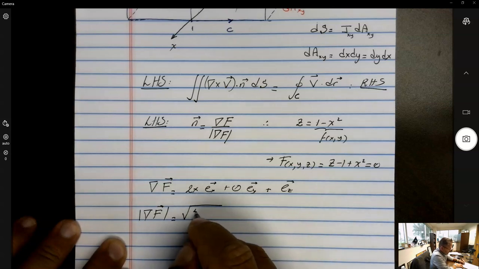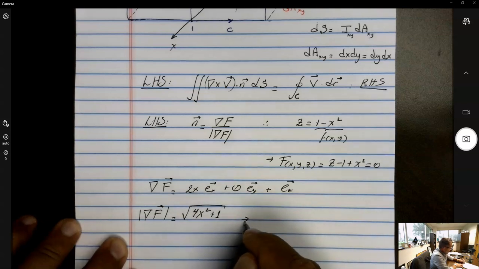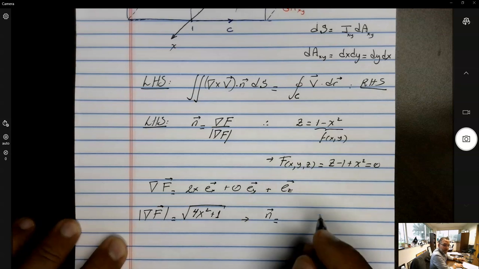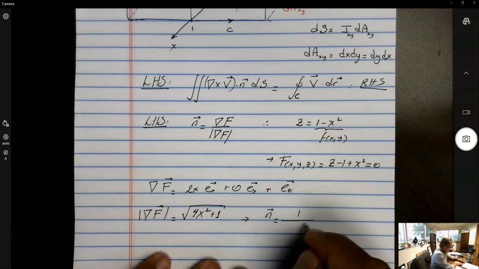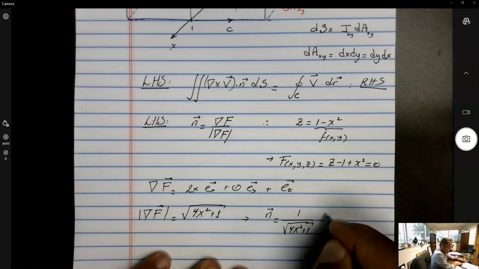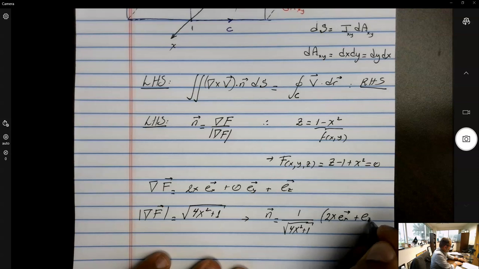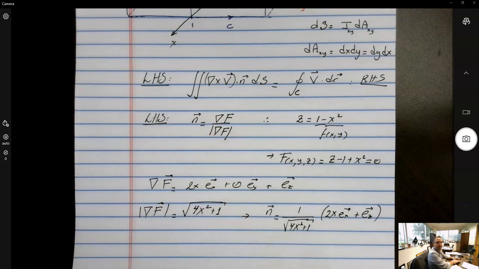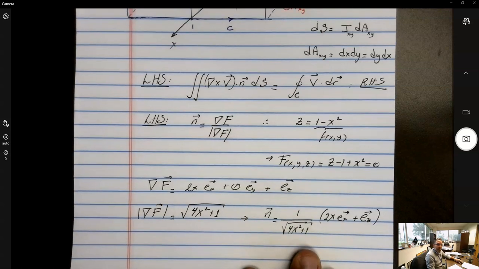So it's the square root of 4x squared plus 1. And therefore the normal vector just works out to be 1 over the square root of 4x squared plus 1 times 2x in the x direction plus 1 in the z direction. Okay, that's how it works out. Again, there's no y component on these.